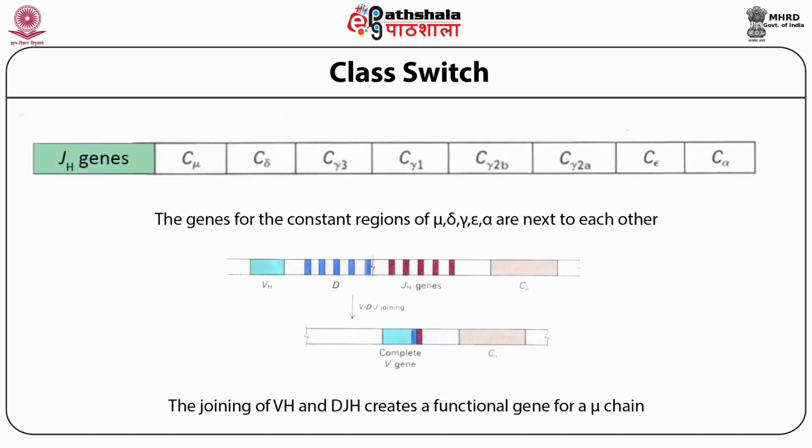We may recall that one of the things we expected from any theory of antibody formation is that it should also be able to explain how the different classes of antibody can be created.